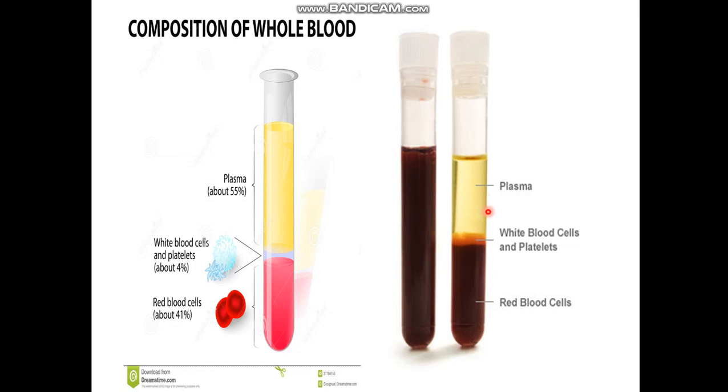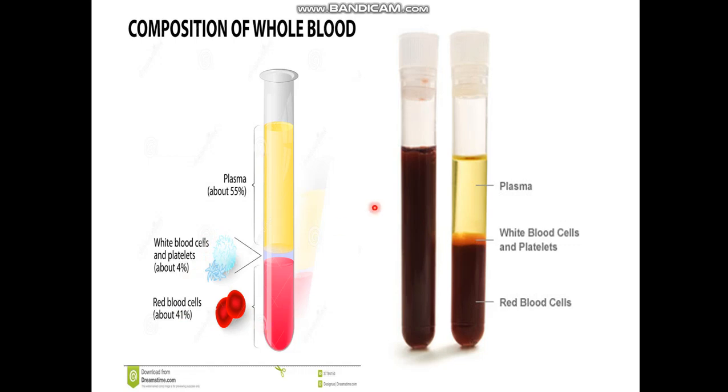Which part constitutes the most part of the blood? It is the plasma, at about 55%. Then red blood cells at about 41%, and the white blood cells and the platelets are 4%. Pay attention, this is a real picture.